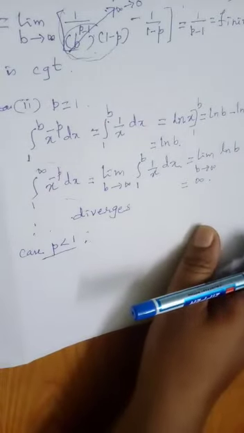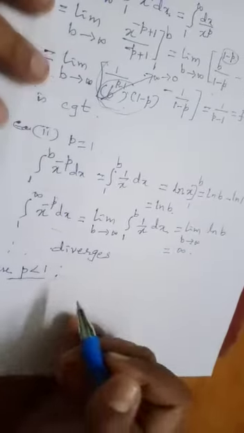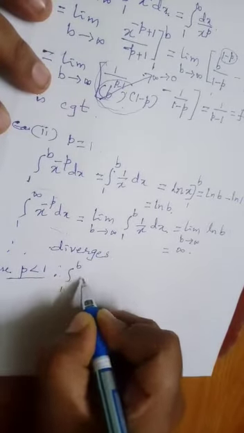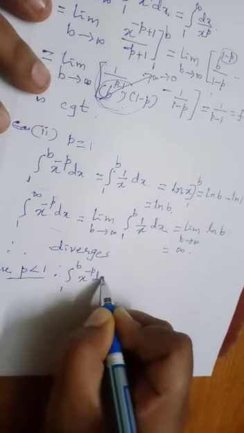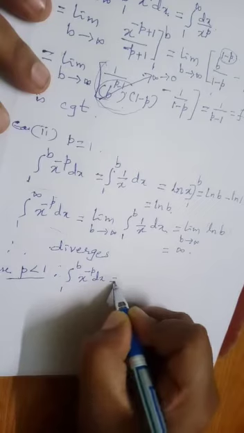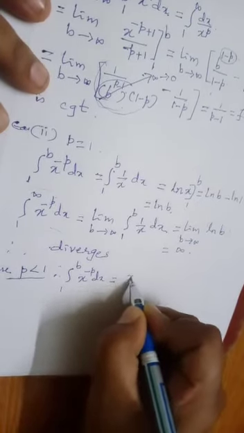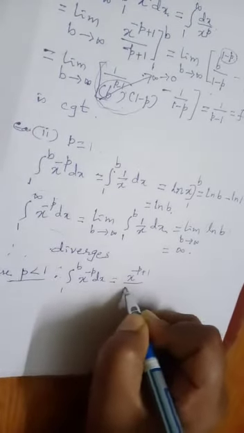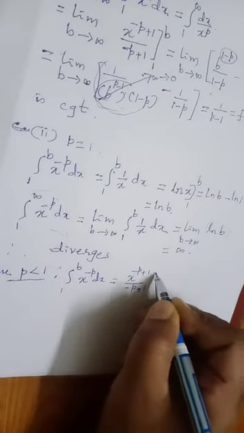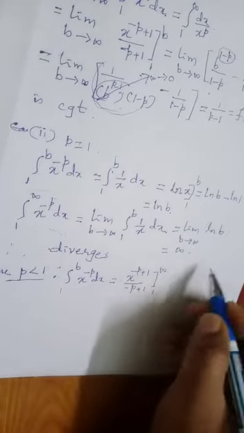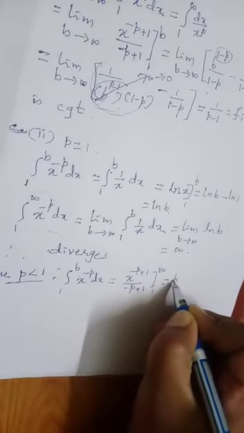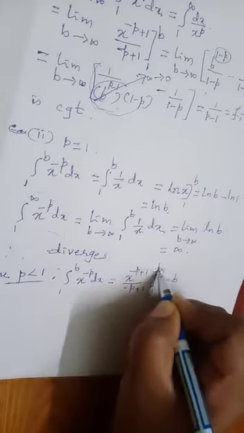When p is less than 1, the integral from 1 to b of x raised to minus p dx has integral x raised to minus p plus 1 divided by minus p plus 1, limits from 1 to b.